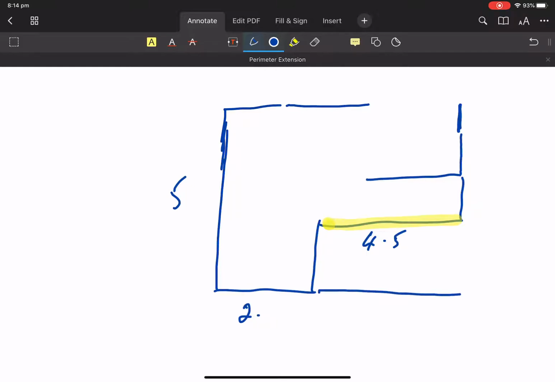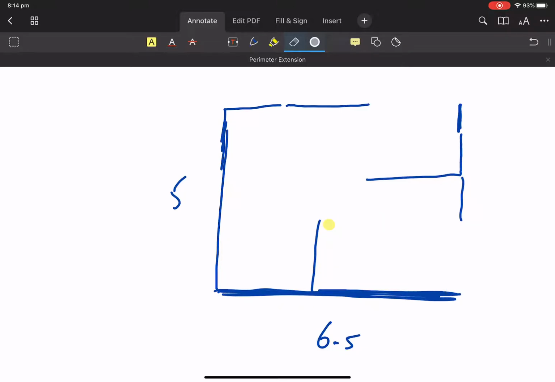Same length, just a different position. Clearly it was 4.5, so it's still 4.5. So all of a sudden, that whole length there becomes 6.5 metres. So I can get rid of that 2, get rid of that 4.5, and they're all gone.